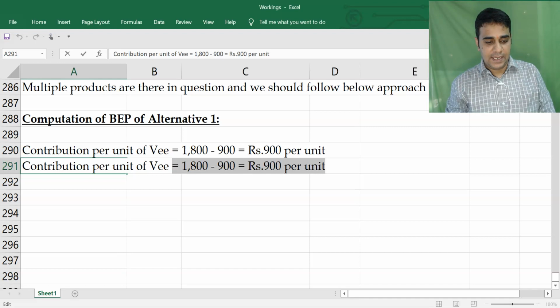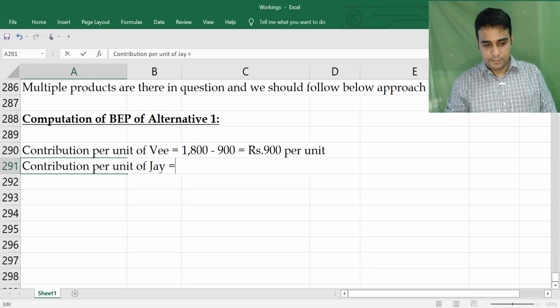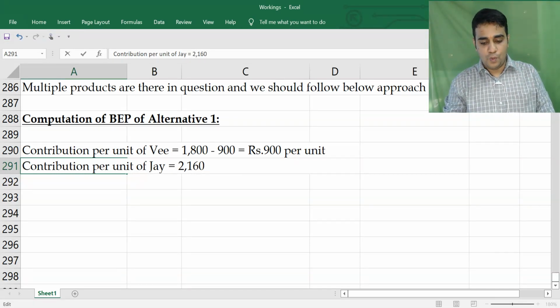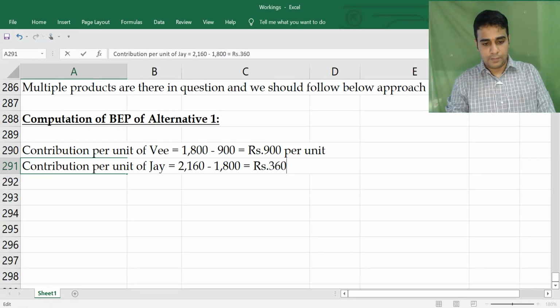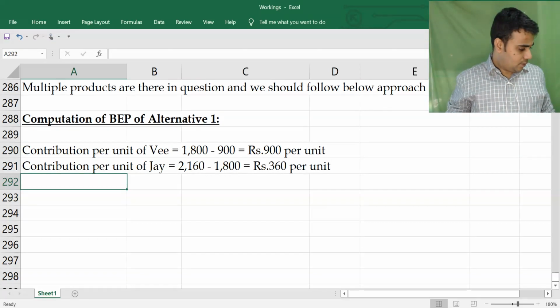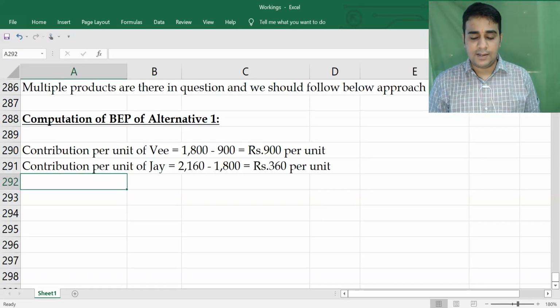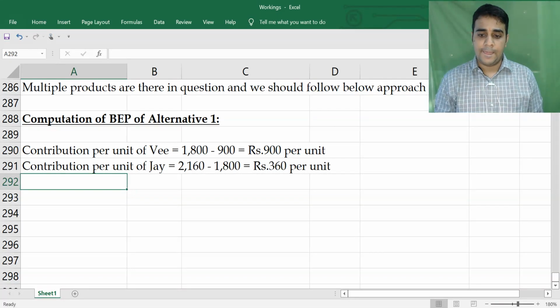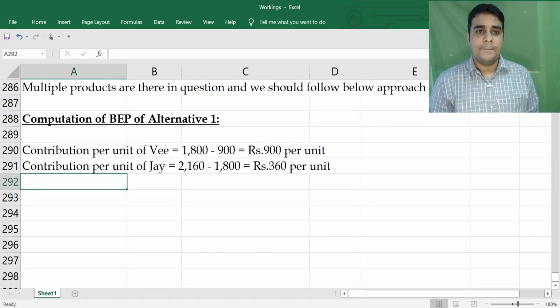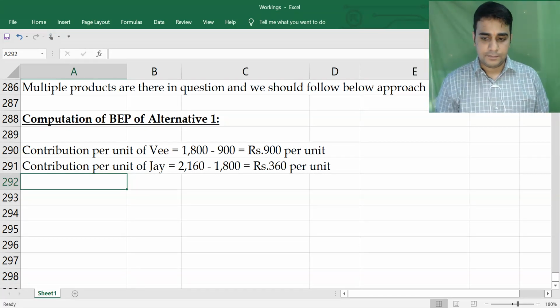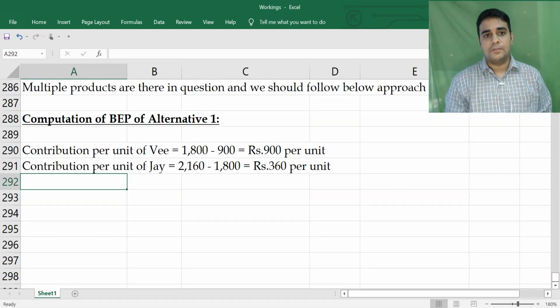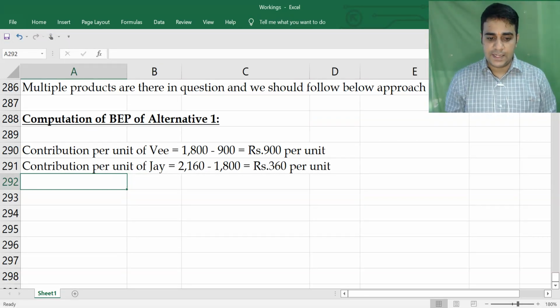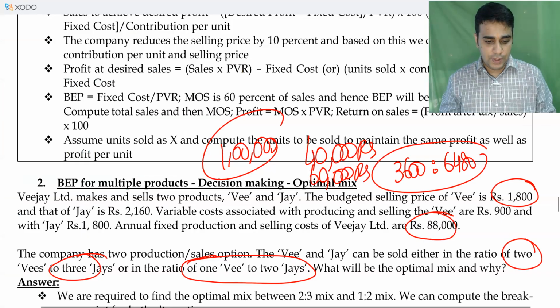Contribution per unit of J is 2160 minus 1800, 360 per unit.